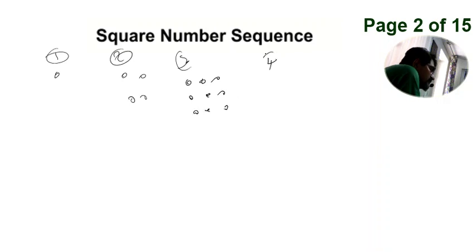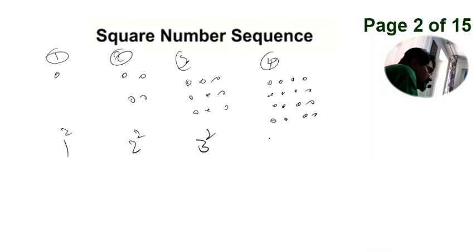Next one, the square number sequence. Term 1, term 2, term 3, term 4: 1 square, 2 square, 3 square, 4 square.